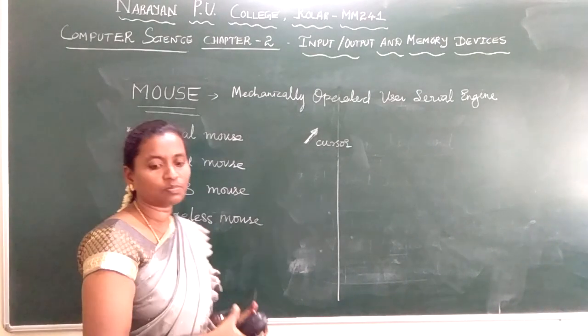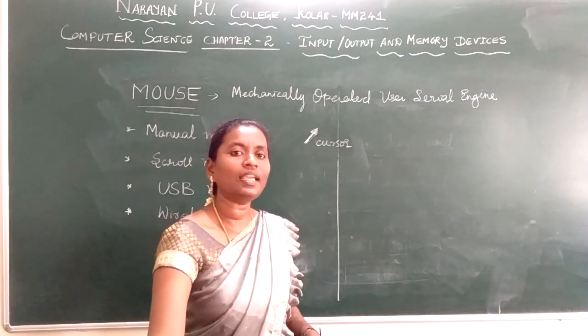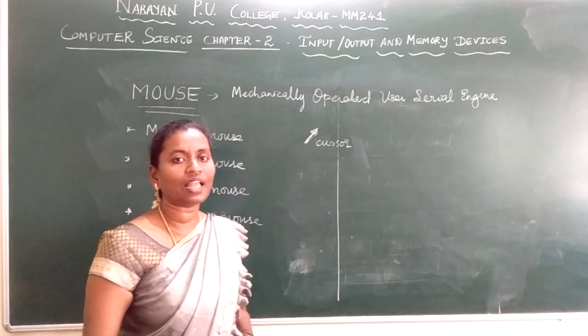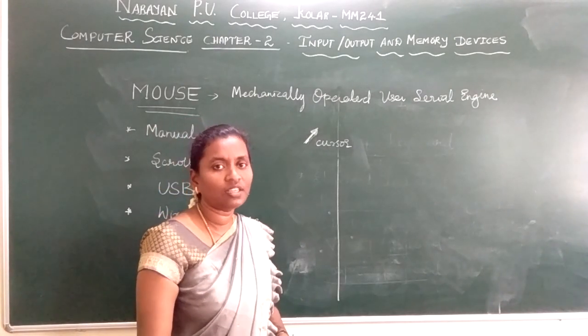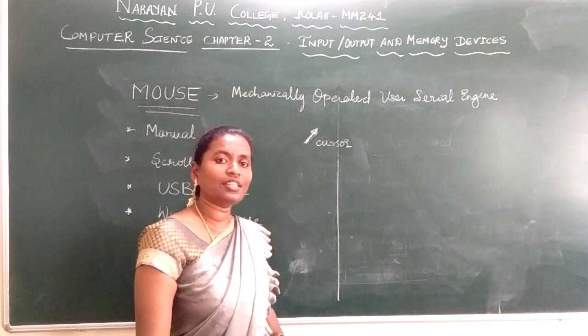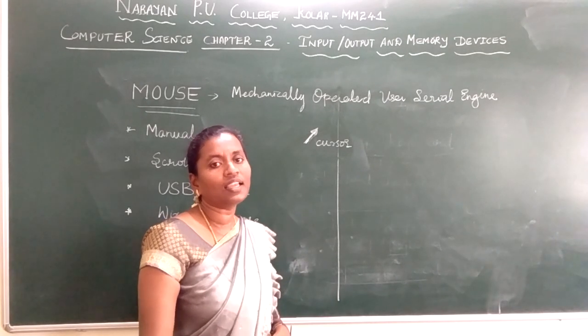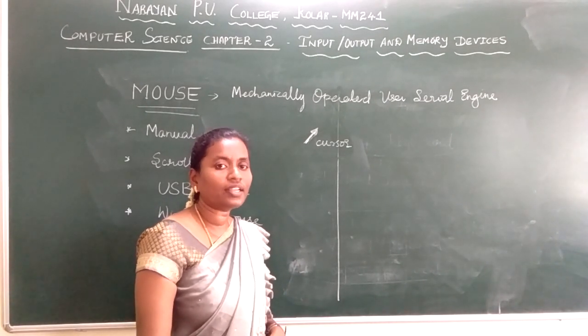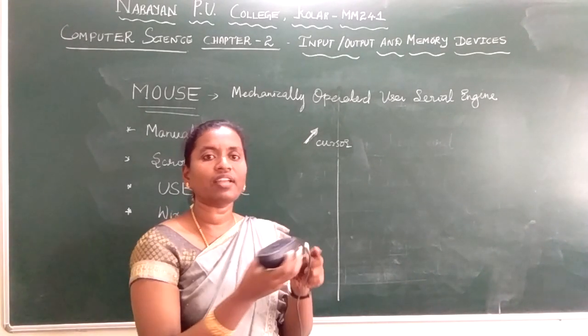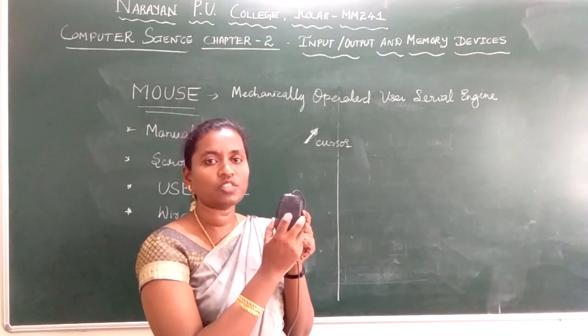Next you have the wireless mouse. The mouse will not be connected with the CPU with the help of a wire. It is a wireless connection. Since it is a wireless connection, we will be using IR rays, infrared rays. Inside the mouse we have a light, isn't it? So what kind of rays are we using?